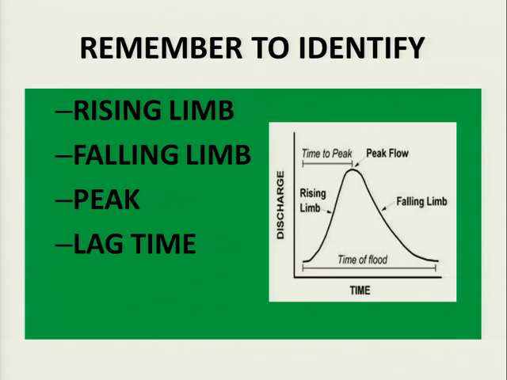Then the flood hydrographs, very, very important. Remember these 4 features: the rising limb, the falling limb, the peak, and the lag time. If you guys are able to identify those 4 features, you will be able to read the flood hydrograph easily, and then you will be able to derive your answers easier.